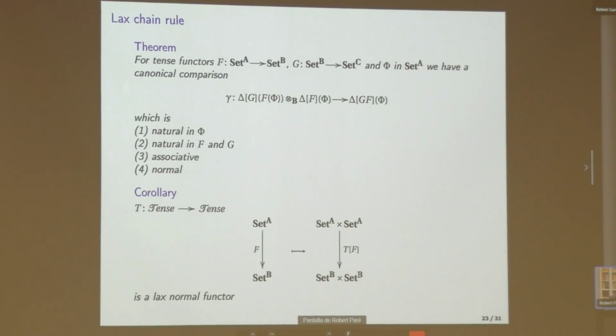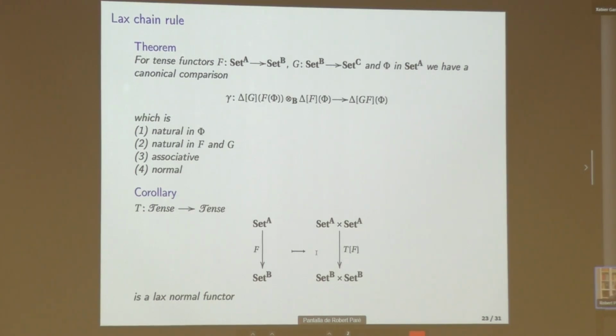So this is evidence that really we should be thinking of it as a profunctor rather than just as a presheaf. So it's the same formula now. We can compare delta of a composite with delta of each of them suitably evaluated. It's natural in phi, it's natural in F and G, it's associative just like before, and it's normal.